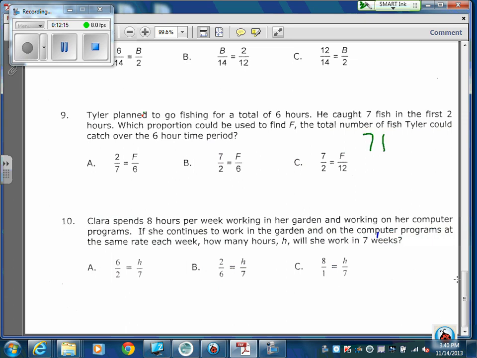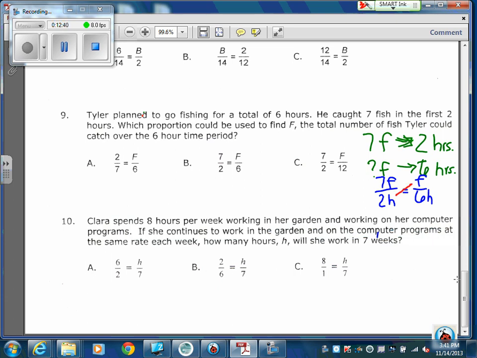So we caught 7 fish in the first 2 hours. How many fish in 6 hours? Okay, so let's set it up: 7 fish, 2 hours. How many fish in 6 hours? So look across.